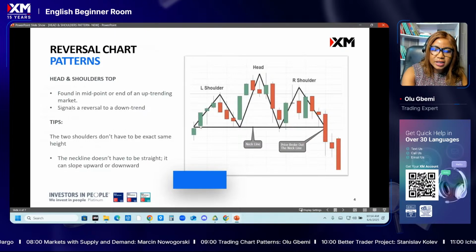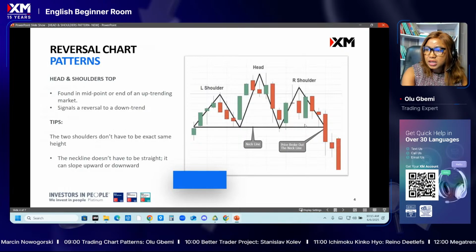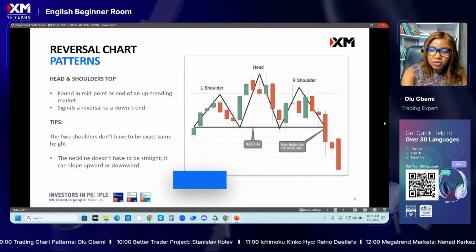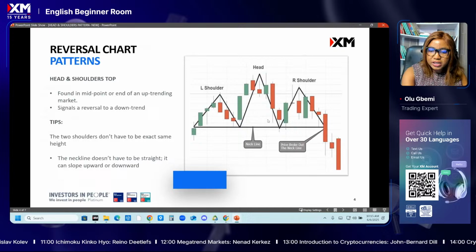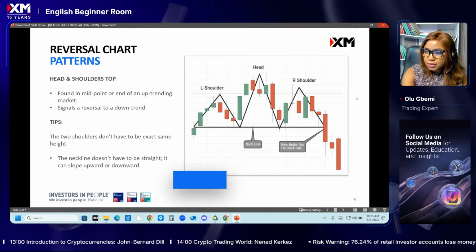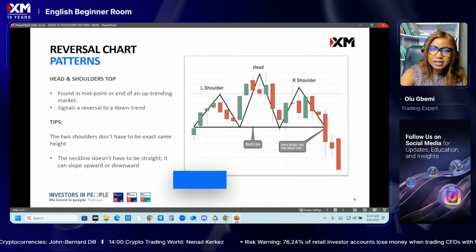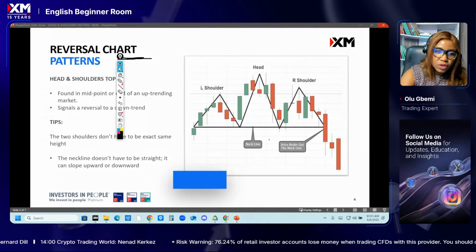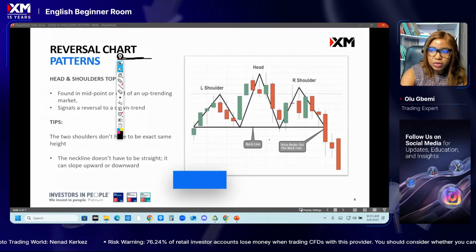Also, the neckline doesn't have to be straight horizontal like this. There are times that there will be a bend in the neckline. Maybe there has been a slight lower low or higher low when the second low was created. In that case, we can have a neckline that is slanted upward or one that is slanted downward.